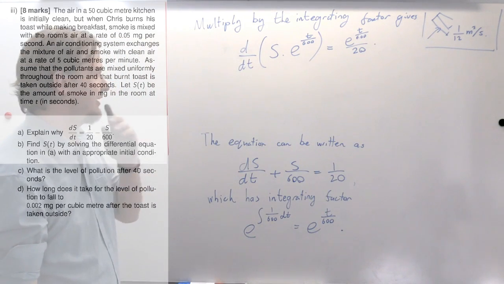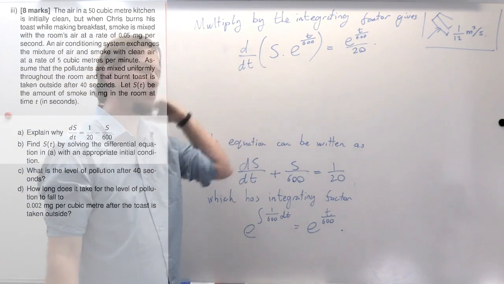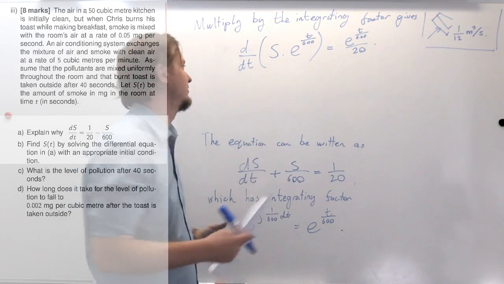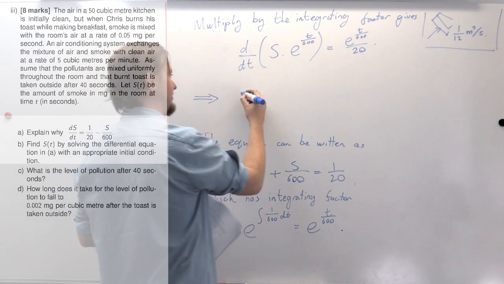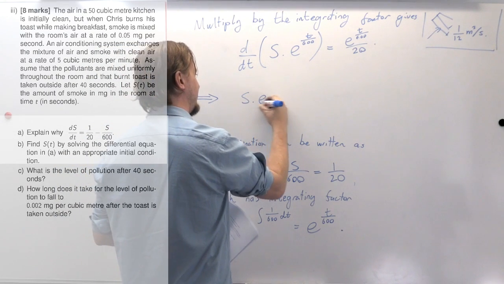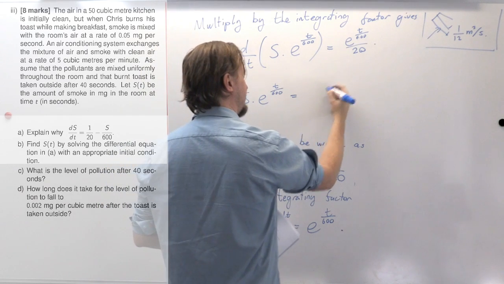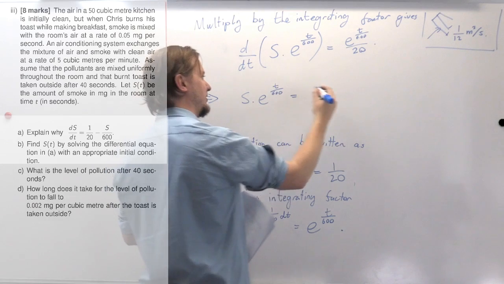Now this is nice because I can integrate this. I'm just going to get rid of the derivative. And this one, it's not too hard to integrate. So let's just integrate both sides and say that this implies that s times the exponential of t over 600 is going to be equal to, well, let's just double check.